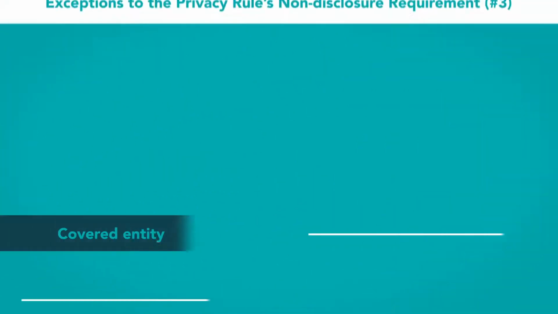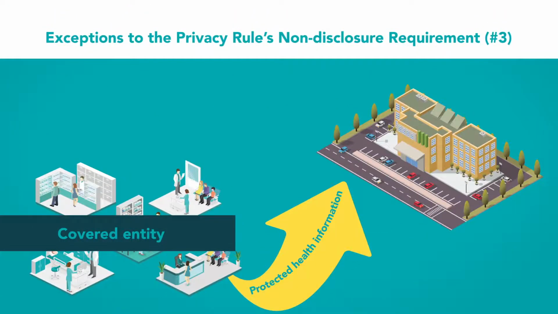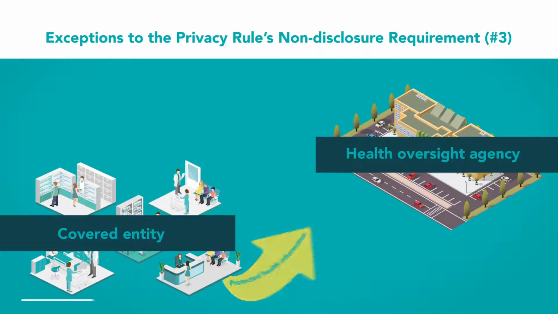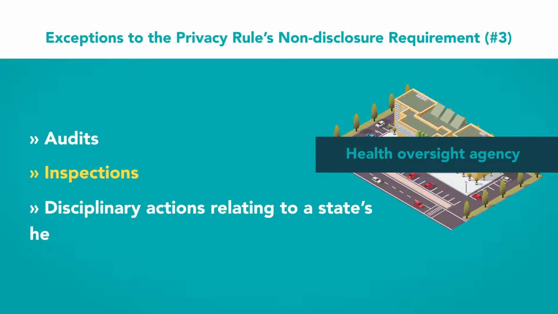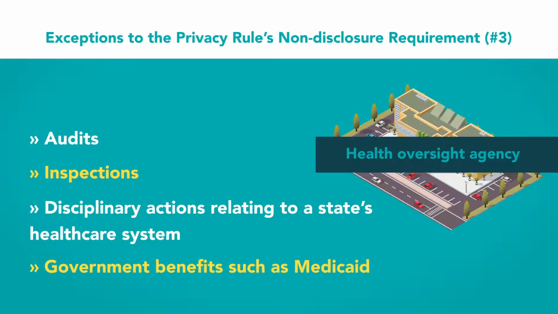Third, a covered entity may disclose protected health information to a health oversight agency when that agency conducts legal oversight activities, such as audits, inspections, disciplinary actions relating to a state's healthcare system, or in exchange for government benefits, such as Medicaid.